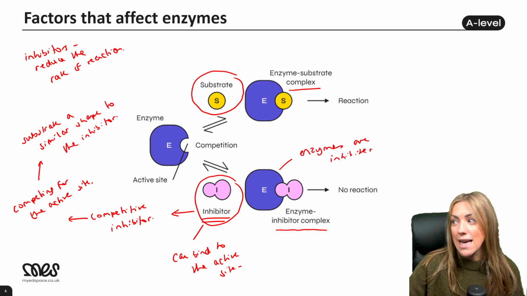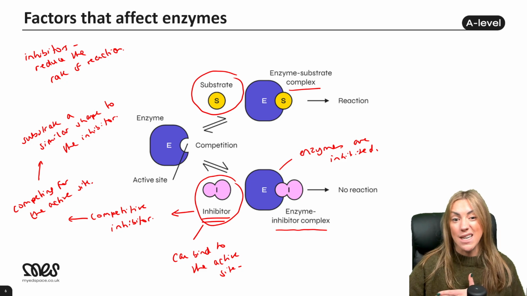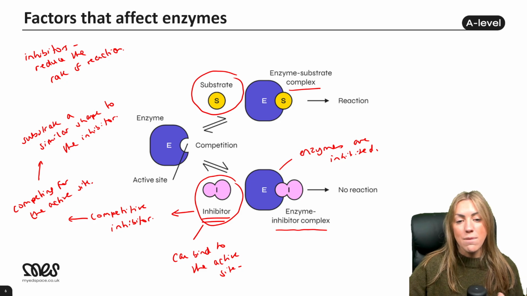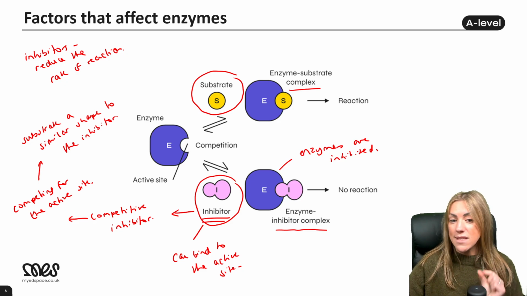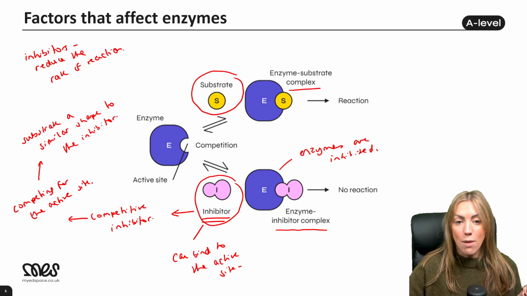Some of the enzymes will be bound to inhibitor instead of substrate, so you're going to get a reduced rate of reaction. Now, key things to remember for this type of inhibitor is if it's competitive, it must have a similar shape to the substrate. It must be complementary to the enzyme's active site. It is going to bind to the active site, and in doing so, it's going to prevent the substrate from binding and reduce the rate of reaction.